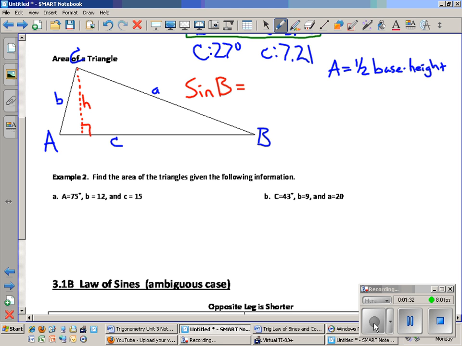Yeah, H divided by A. Well, what we could do here then is solve for H. Multiply both sides by A. So A times the sine of B is equal to H.